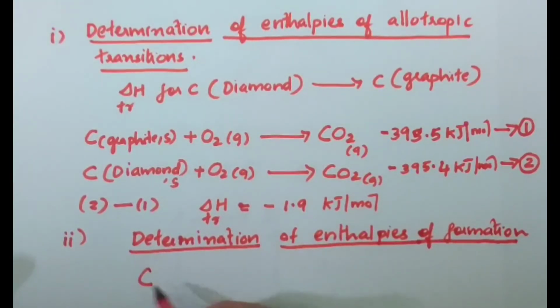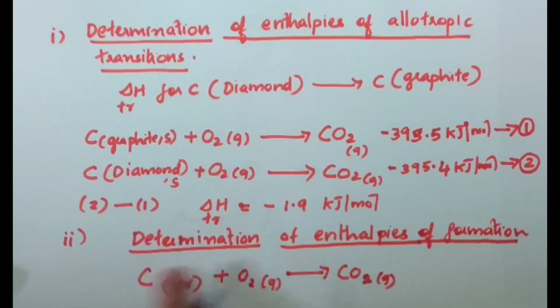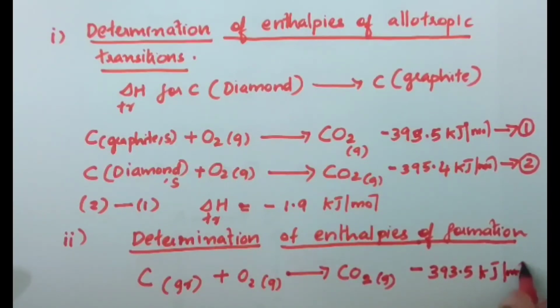Here carbon in graphite form plus O2 gaseous state gives carbon dioxide gas. The enthalpy change for this reaction is negative 393.5 kilojoule per mole.